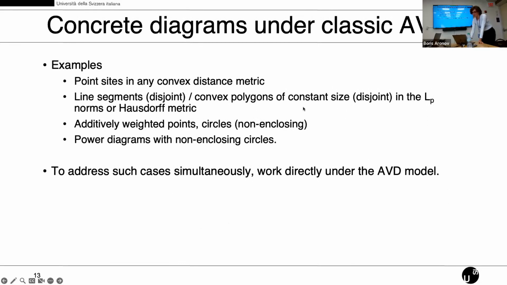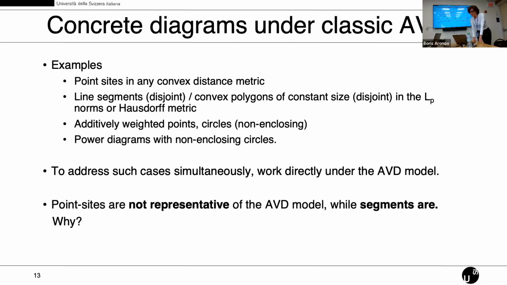Some examples of concrete diagrams that fall under the AVD model are point sites in any convex distance metric, line segments, disjoint convex polygons of constant size, the L_p metric, additively weighted points, power diagrams with non-enclosing circles, etc. So to address such cases simultaneously, we can work directly with the AVD.